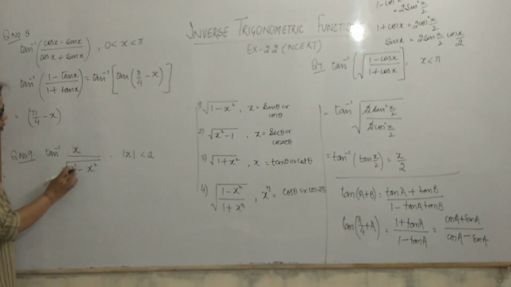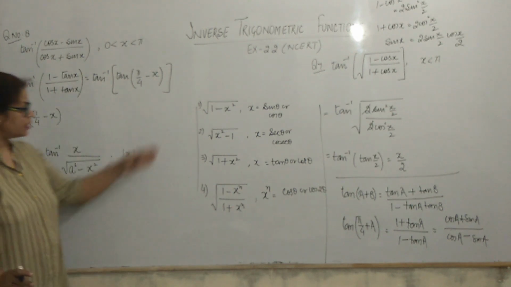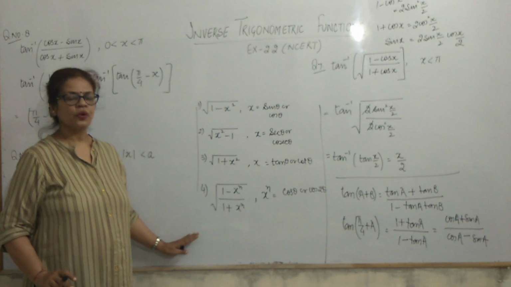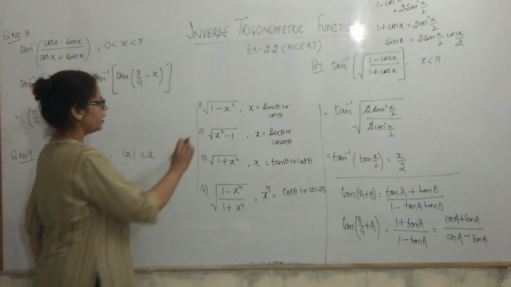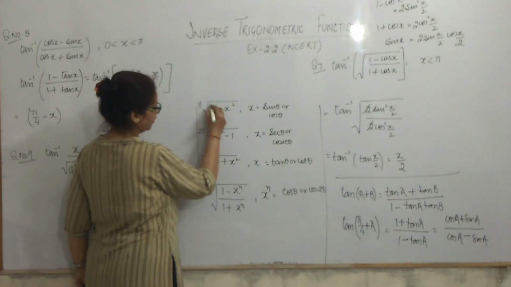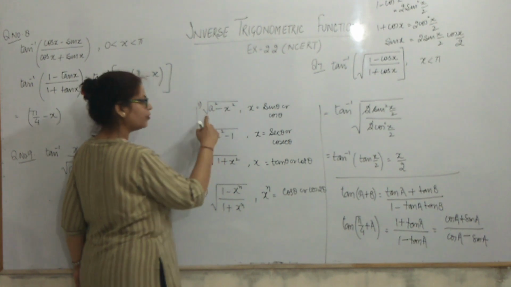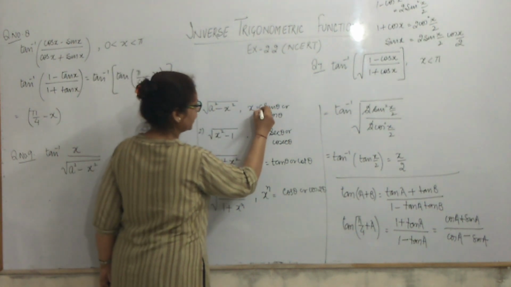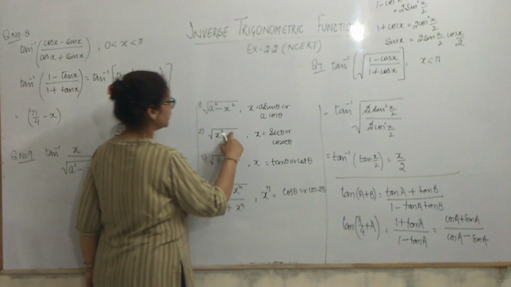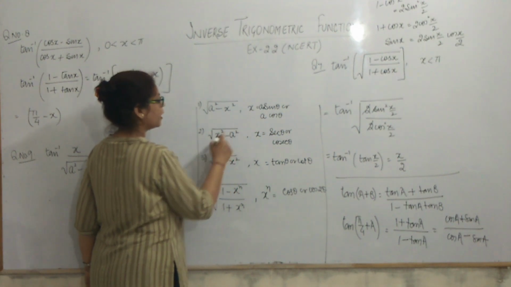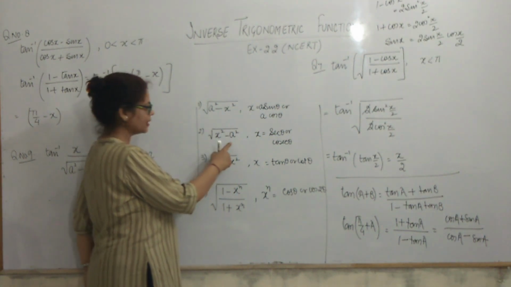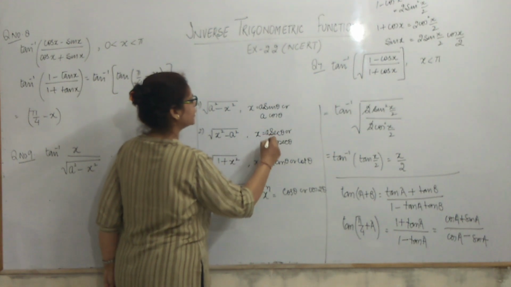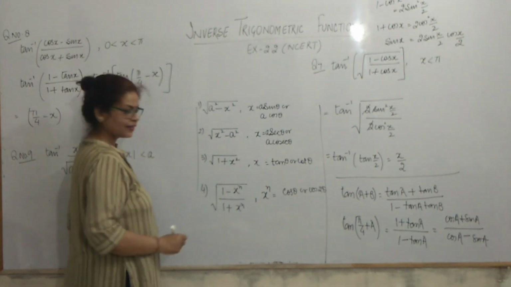Now question number 9. Tan inverse of x upon square root of a square minus x square. Now you may say, ma'am, there is no a square. So we can make a change. If a square is there instead of 1, then we can put x is equal to a sin theta or a cos theta. In the same way, for square root of x square minus a square, x is equal to a sec theta or a cosec theta.